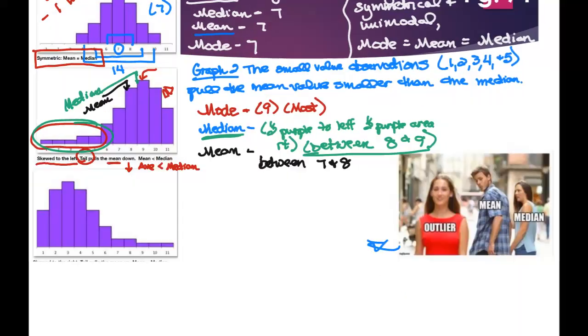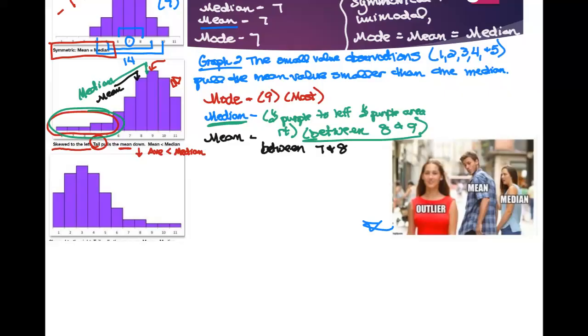And this is where hopefully you're writing kind of small. There's a lot of stuff here. When a graph is unimodal, what does that mean again? Unimodal? One mode. So when it's unimodal and skewed to the left, skewed, that means the tail is to the left of your graph, then your mode is usually the biggest.